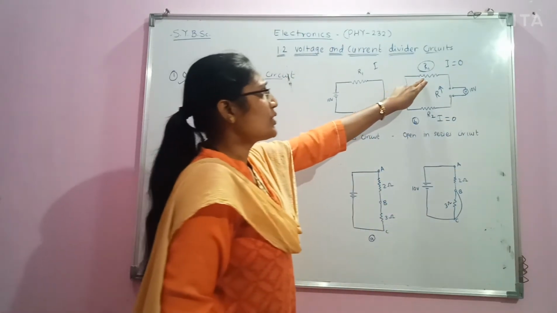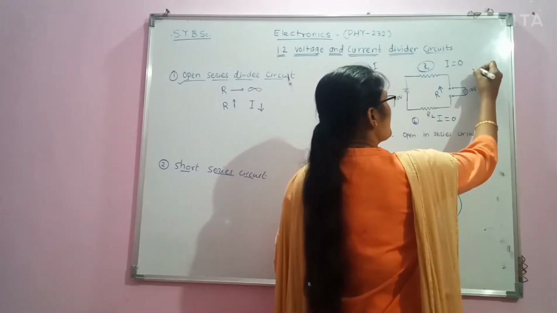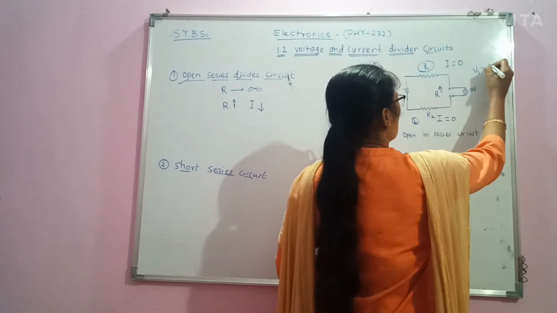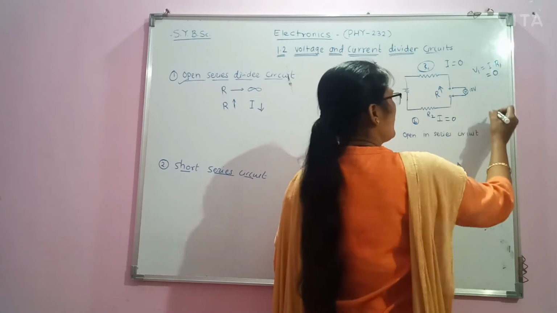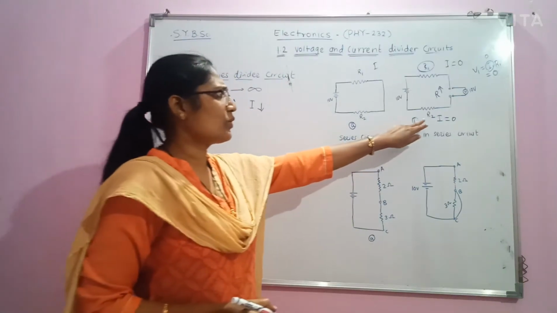Therefore the voltage drop across R1, suppose V1 is the voltage drop across R1, is equal to I into R1. This becomes 0 as the value of I is 0. Same is the case for R2.